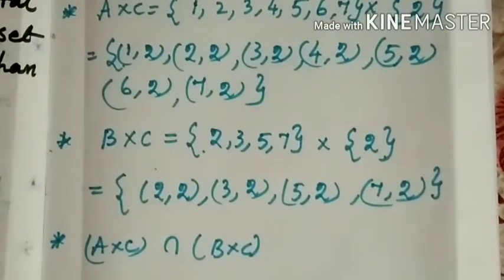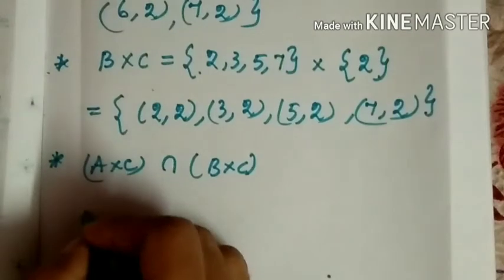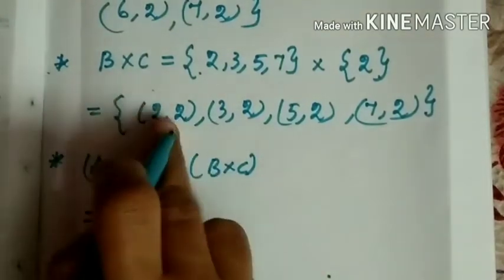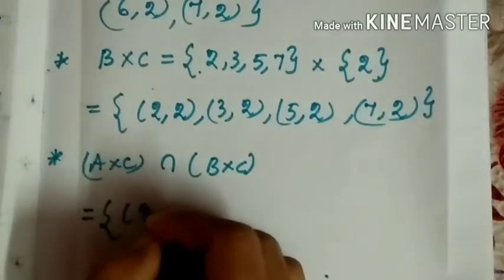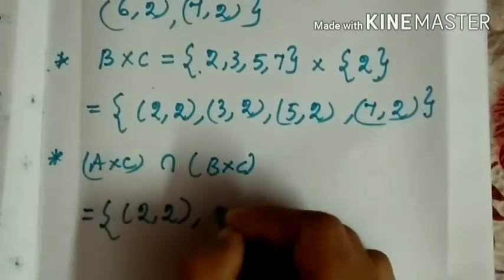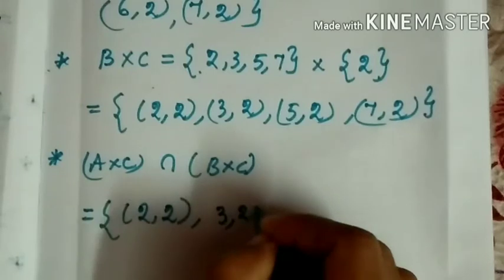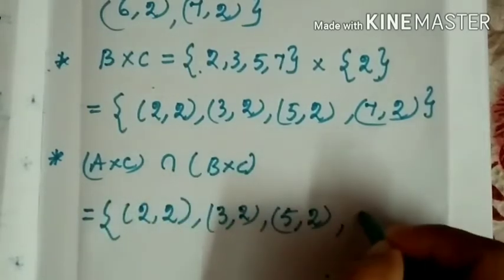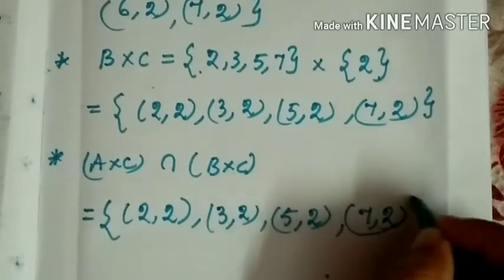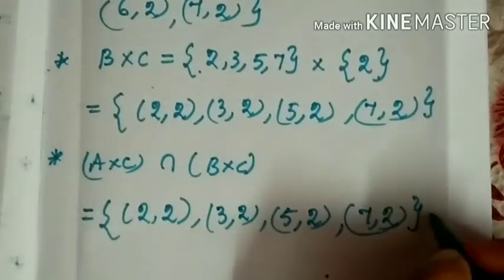These ordered pairs are common. Take down and write (2,2), (3,2), (5,2) and (7,2). This is the RHS answer.